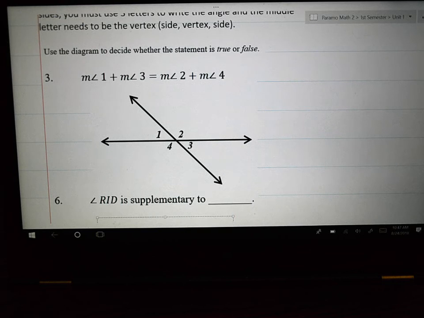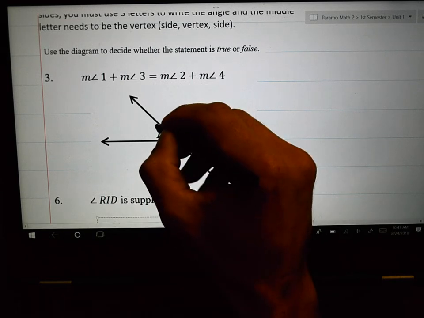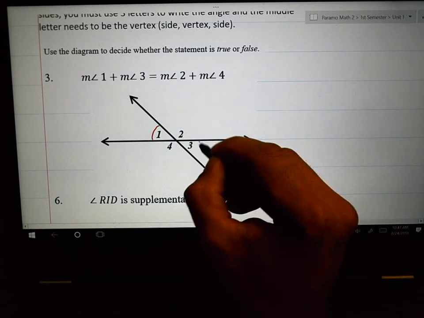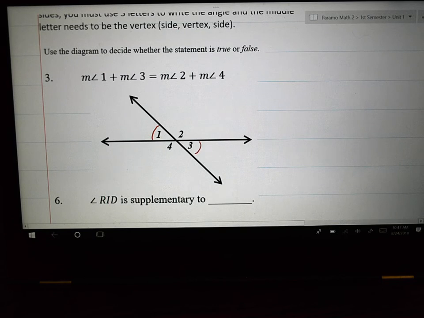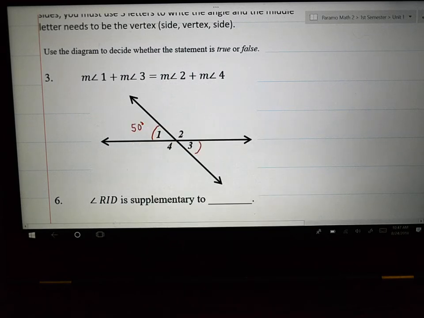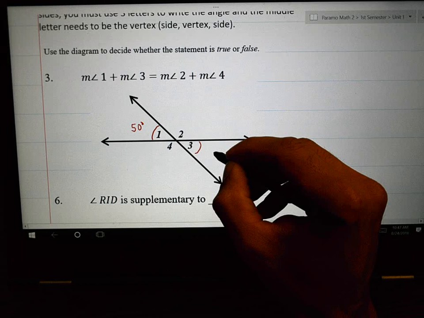Perfect. So you may have said true, you may have said false, but let's do this. This is how I think about it. If I know that this is angle 1, and angle 1 is a vertical angle to angle 3, and those are the same, what if I plugged in some numbers? What if I said angle 1 looks like it's about 50 degrees? That would make angle 3 50 degrees.